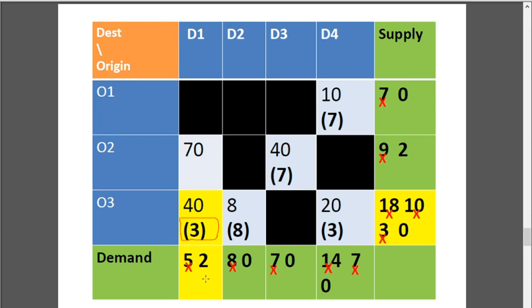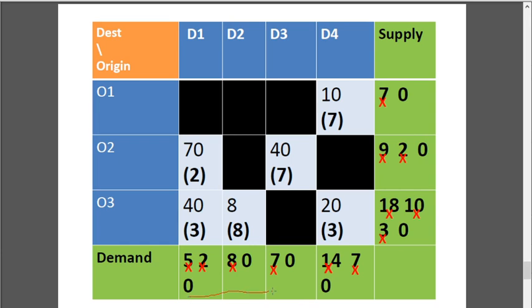So 5 minus 3, demand still required is 2, but the supply becomes 0. There are no more cells to delete here. Keep it as such. The next least cell remaining is only one cell, that is 70. Select that cell. Supply is 2, demand is 2, so you can allocate 2 units here.